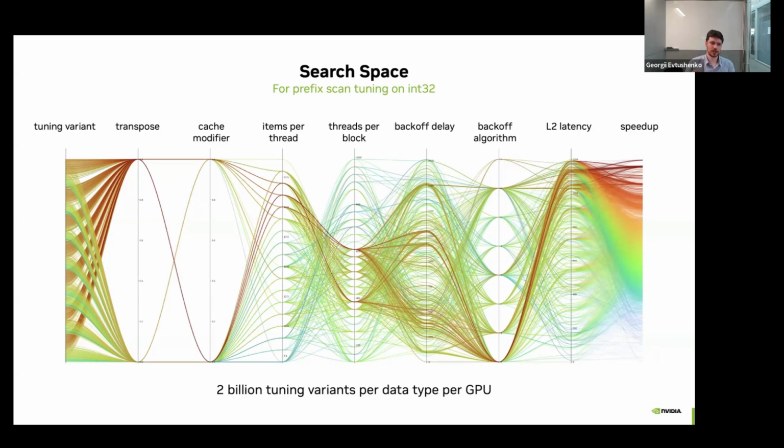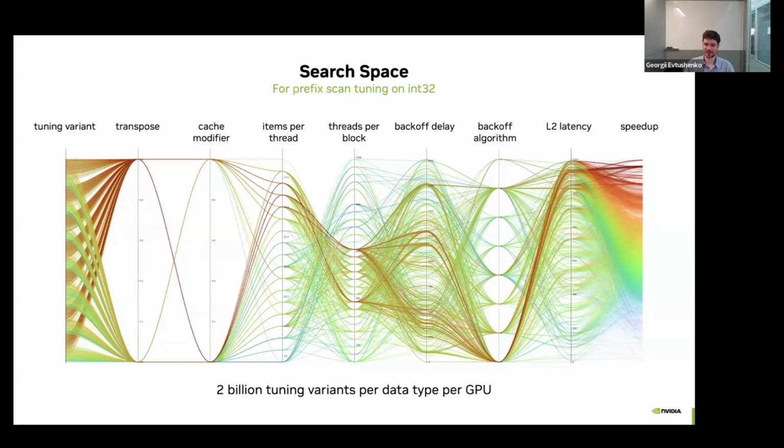Then we select items per thread and thread block size, and overall it's a selection between multiple axes. So each line is a different tuning variant, leading to a different speedup on the right. Overall, there should be 2 billion lines on that plot.